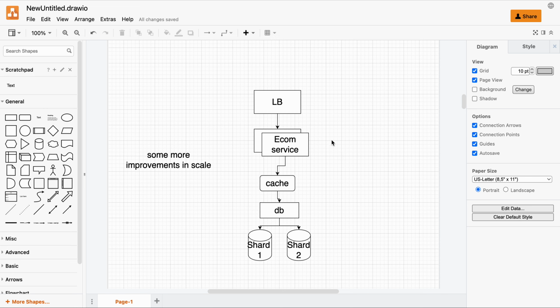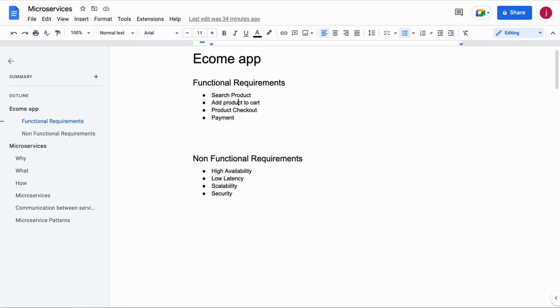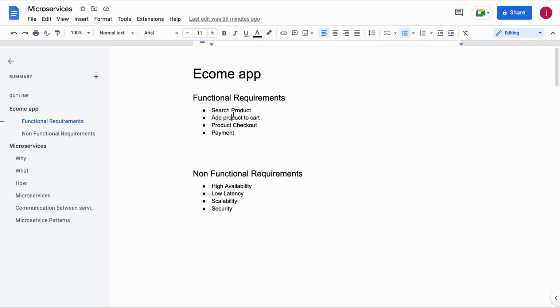So naturally what happens is the issues that come with the current system is you have all the services, when you go beyond a certain level for the e-commerce service itself. Initially we started with the base level requirements like search product, add product, checkout, payment, but after a certain point you would be having multiple other services, maybe a product recommendation engine, maybe something for last mile delivery, something for slot booking, something for warehouse management, inventory management.